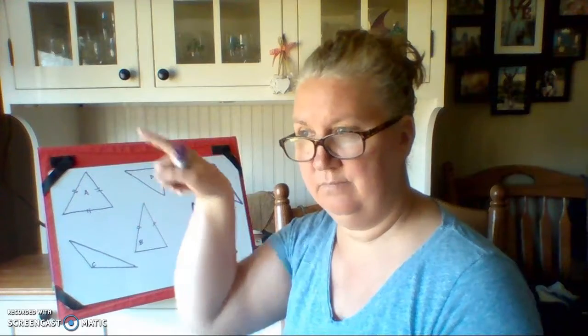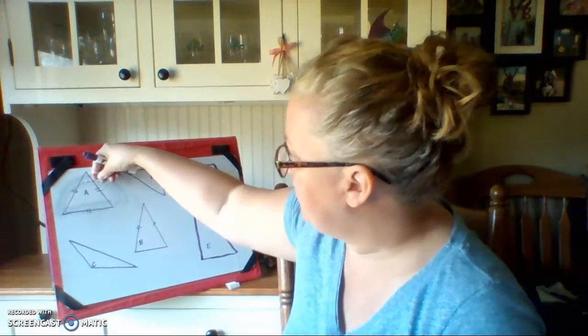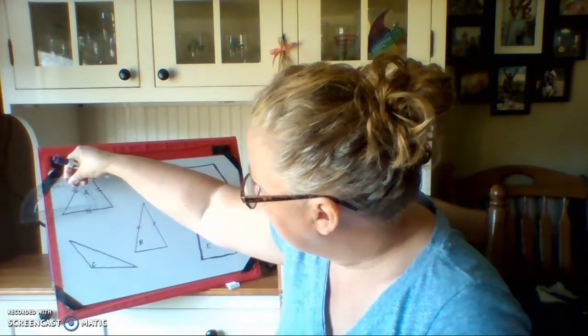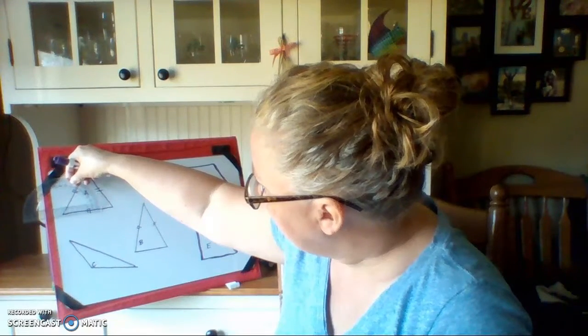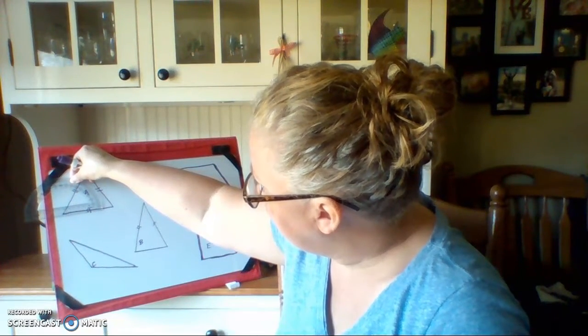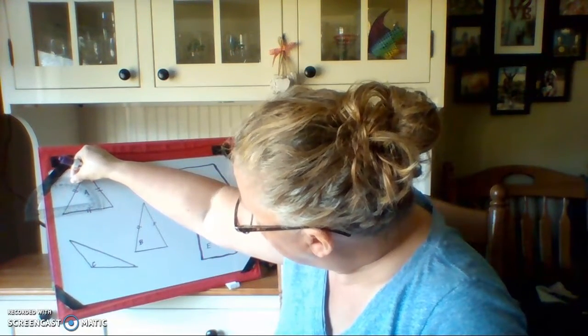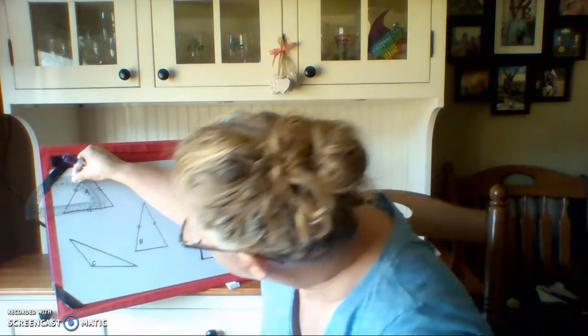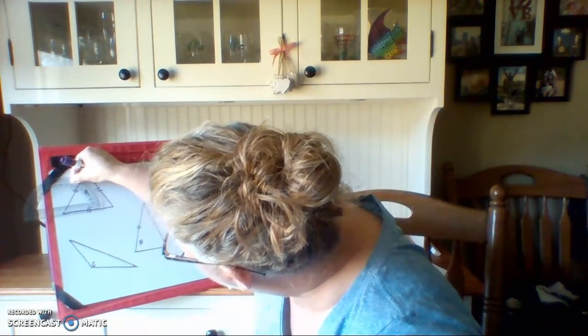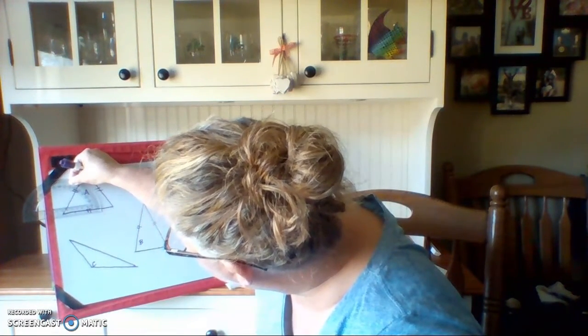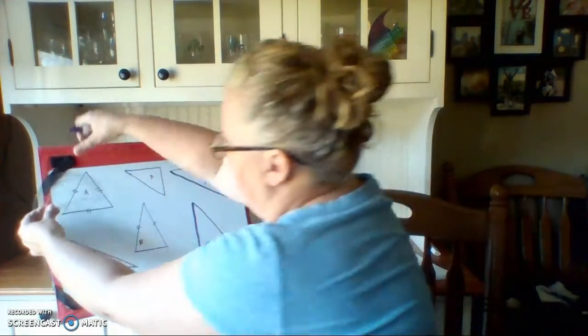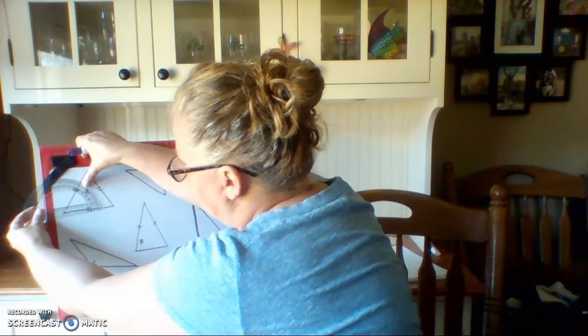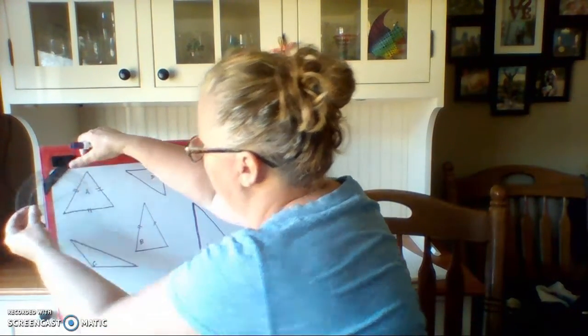Because we know that in a square, those 90-degree corners really, well, let's try it. Let's try it with the protractor. I'm going to go here to this corner, and I am going to put my protractor down, and I'm going to see that that measures right at about 60 degrees.